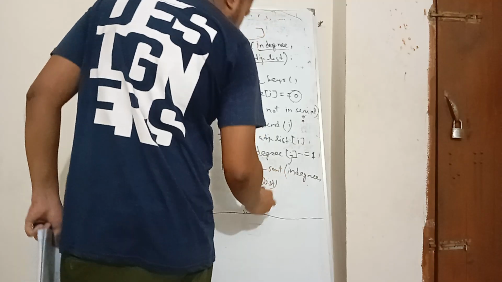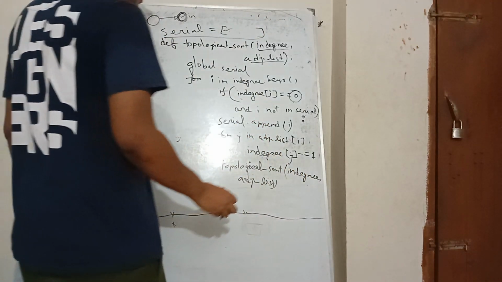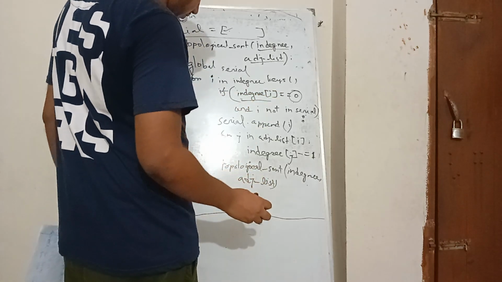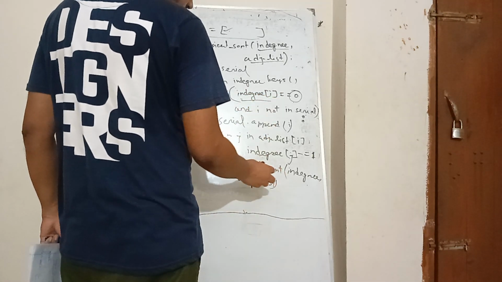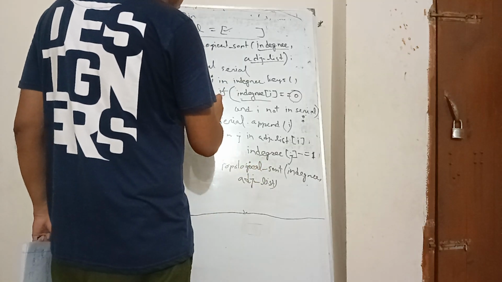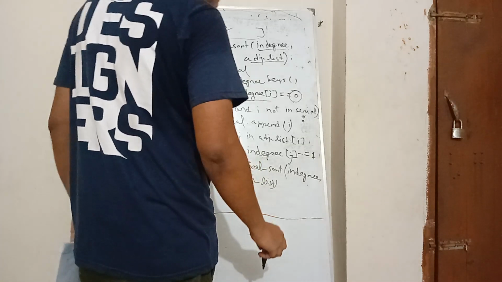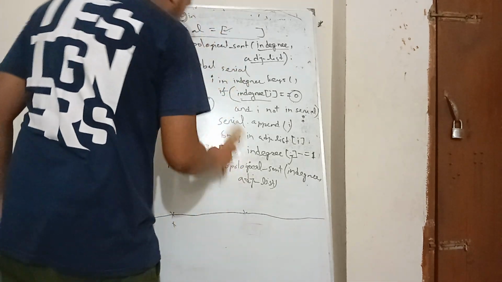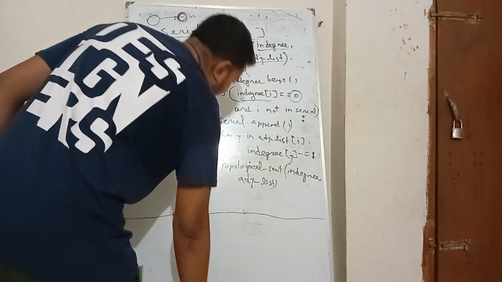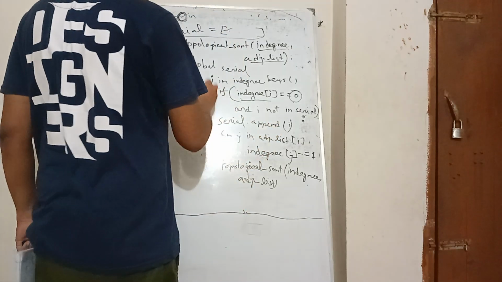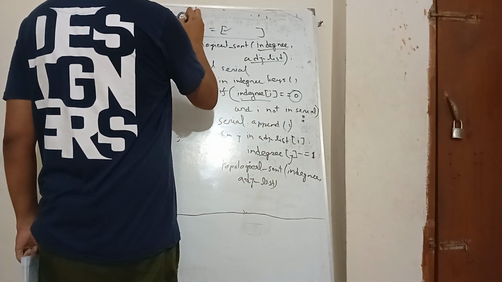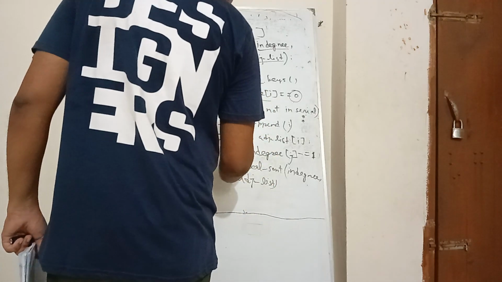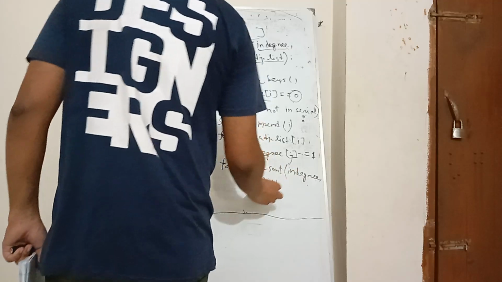We need not modify the adjacency list, because we just modify the in degree count. We don't remove the key from the adjacency list, we just append the key to the serial. Okay. So topological sort of in degree and adjacency list.